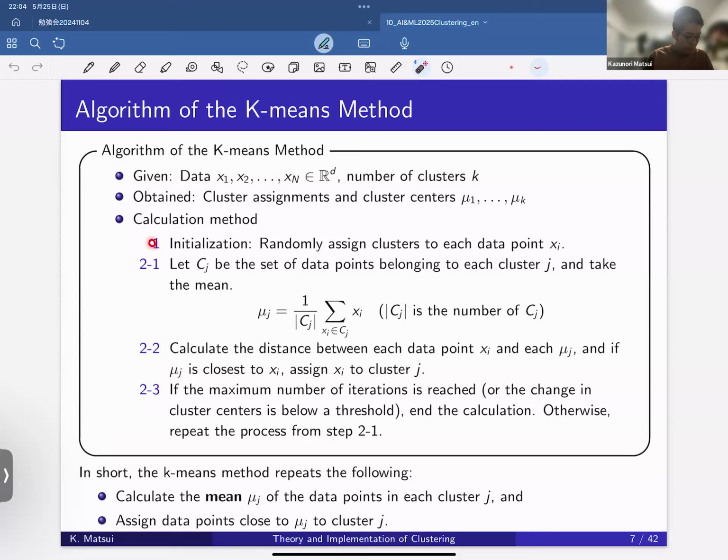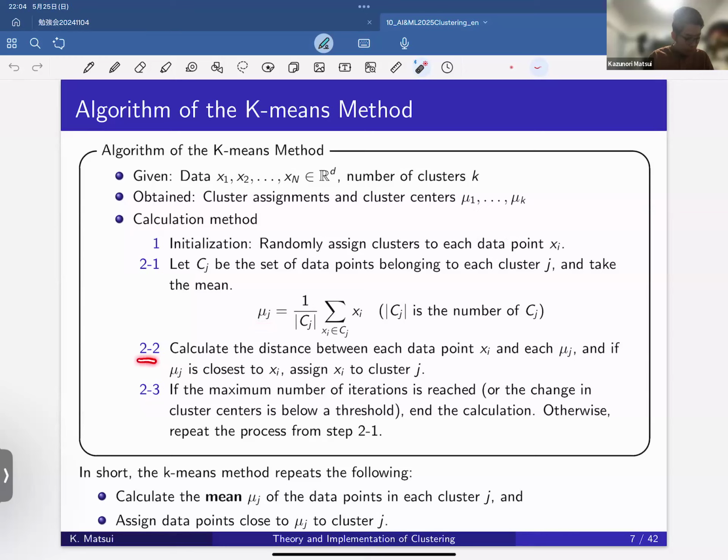Then, let J be the set of data points belonging to each cluster J. We take the mean of those data points. We can also say we find the center of gravity. For each cluster, we calculate the mean.